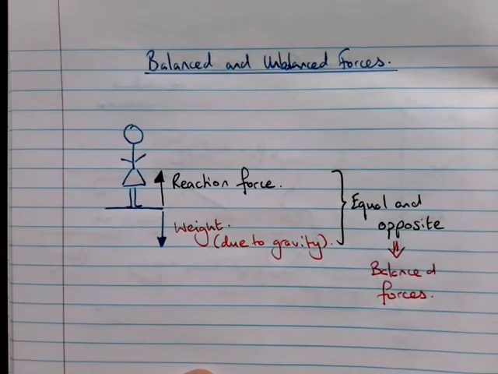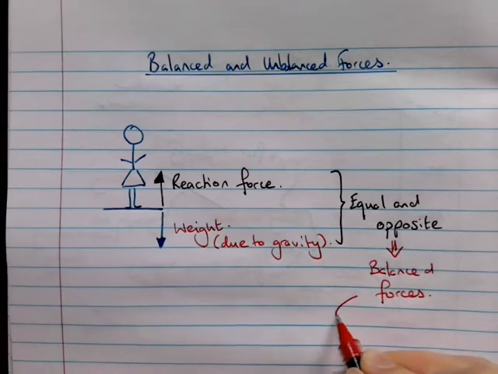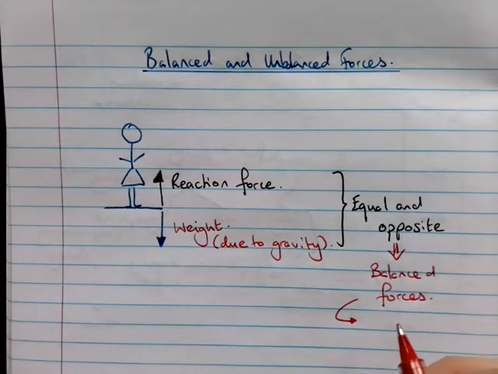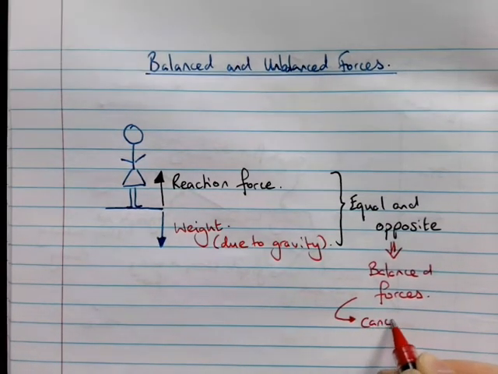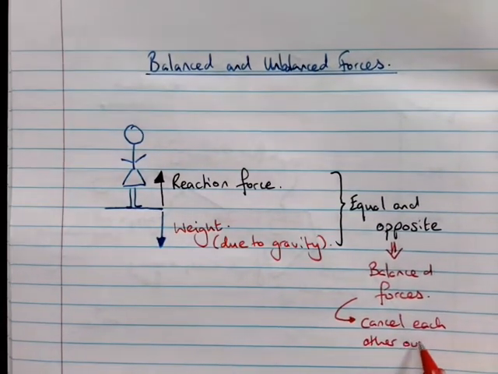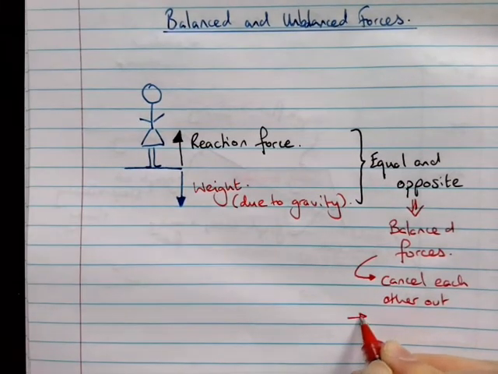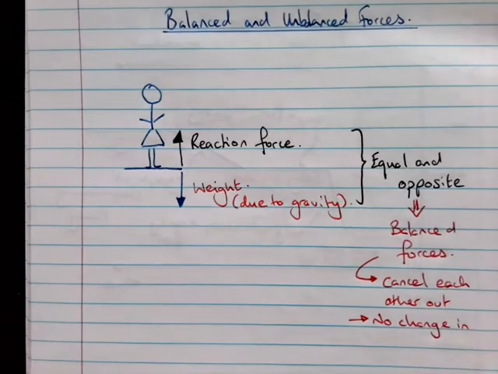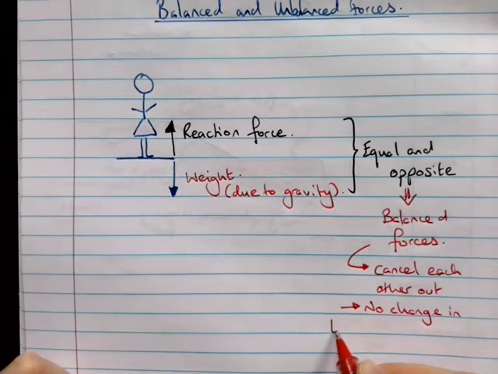So we say that they are balanced forces. If forces are balanced, what that means is that they cancel each other out, and because they cancel each other out, there is no change in the current situation.